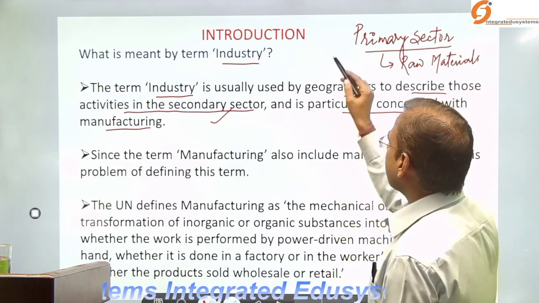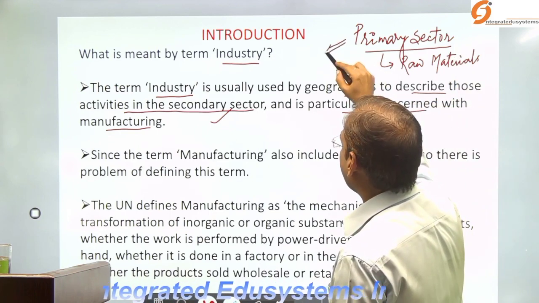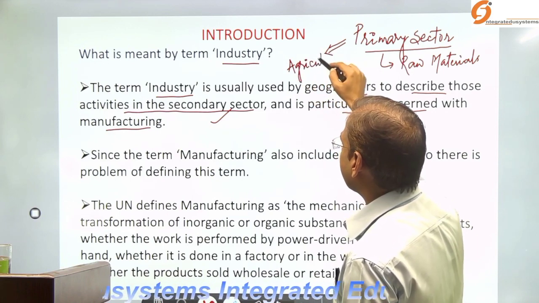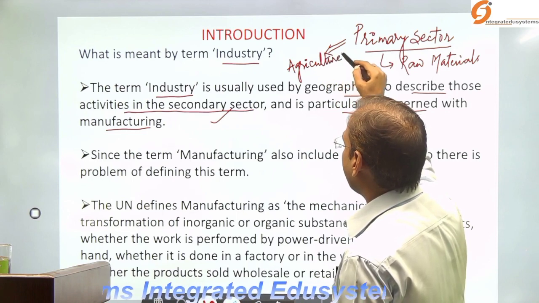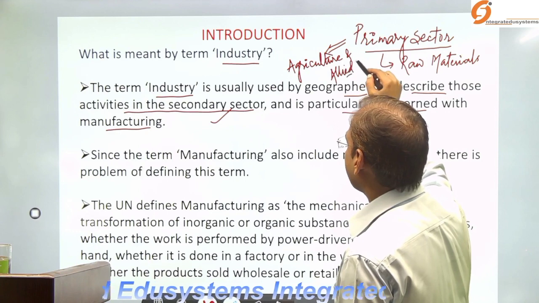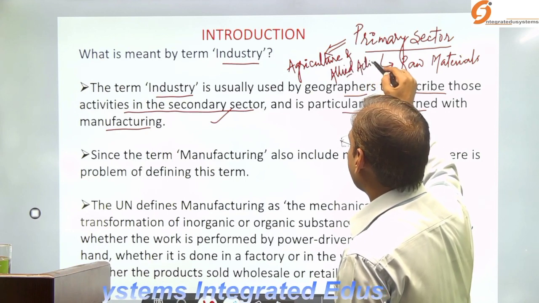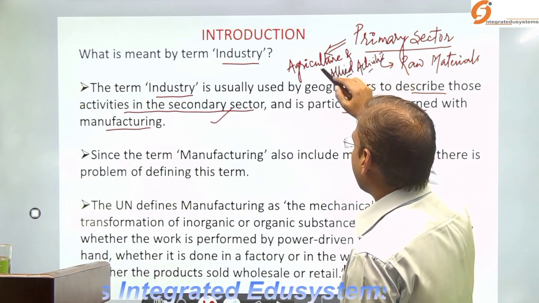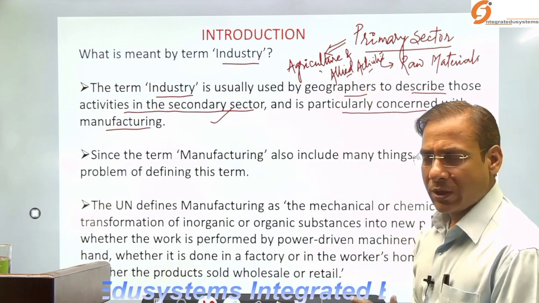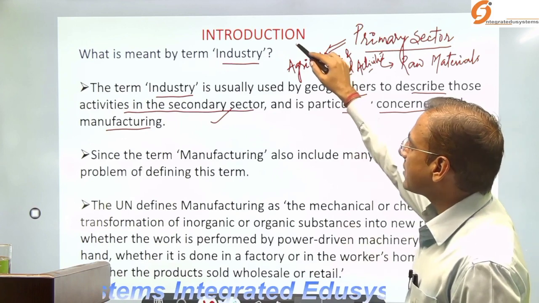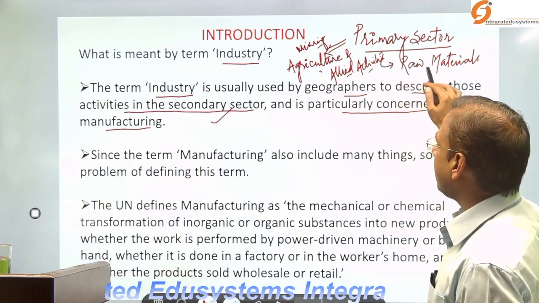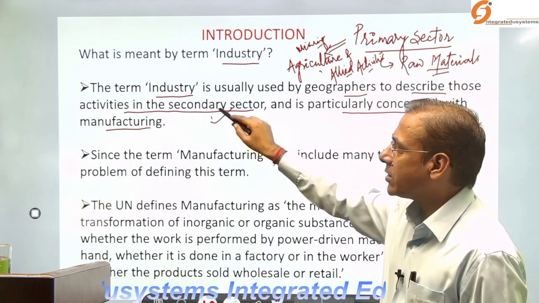The primary sector, as you know, has agriculture and allied activity, mining. These activities provide the raw materials for the secondary sector of economy.